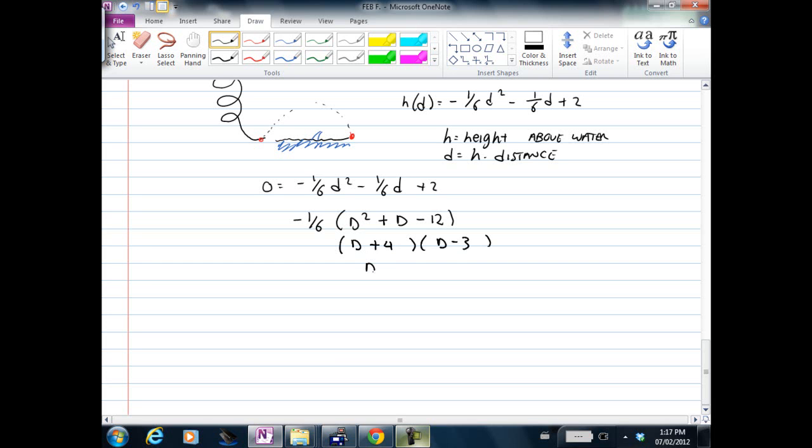D equals to negative 4 and positive 3. So right off the bat, I know that my distance can't be negative. So this person flew about 3 feet once they jump off the slide. So when I build my pool, it has to be greater than 3 feet. Otherwise, there's not enough room.